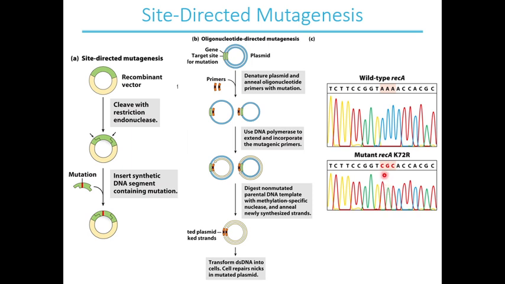As you can see, CGC is clearly shown here as compared to AAA in this case. So this technique, site-directed mutagenesis, is extremely powerful, and it's utilized by biochemists to mutate one or multiple amino acids in a protein of interest.